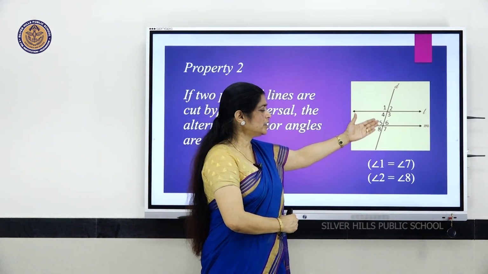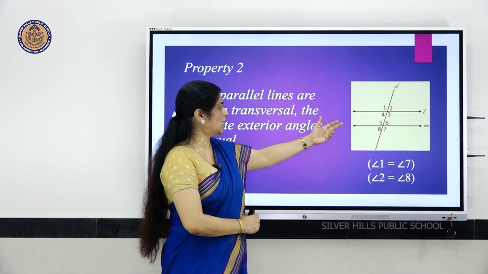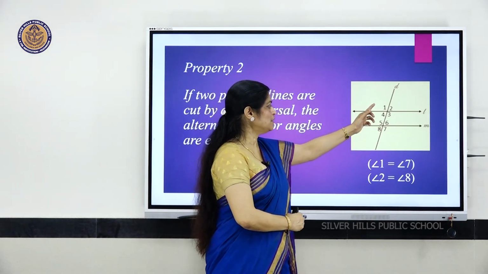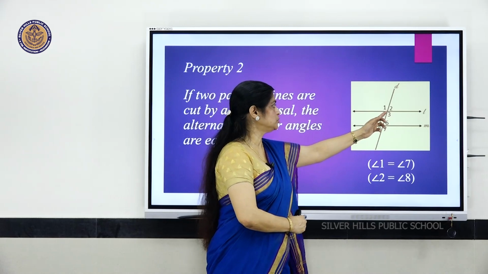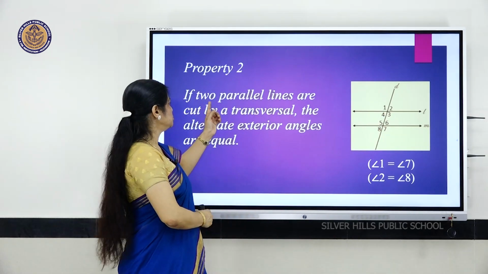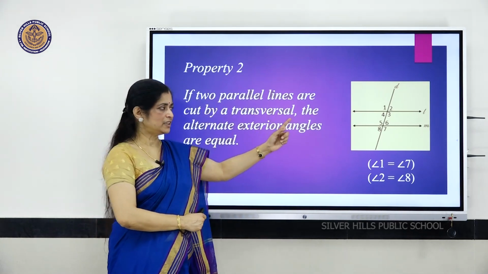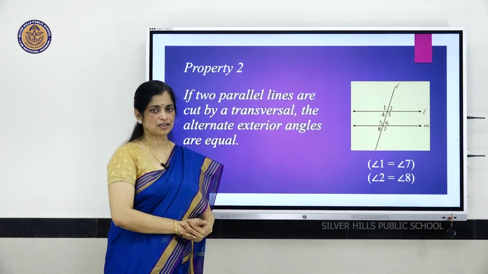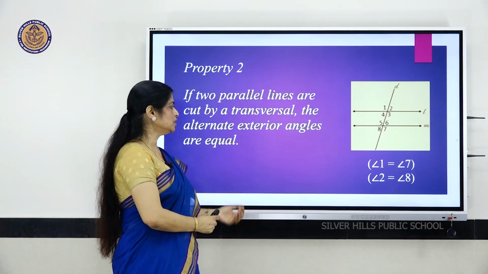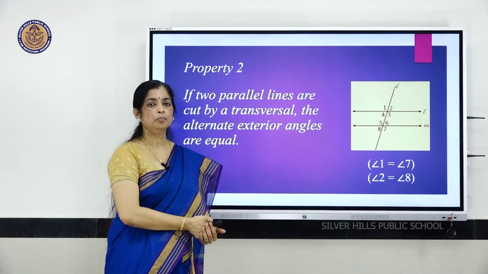So, the alternate exterior angles are 1 and 7, 2 and 8. So, 1 will be equal to 7 and 2 is equal to 8. Once again, if two parallel lines are cut by a transversal, the alternate exterior angles are equal. This is the second property.